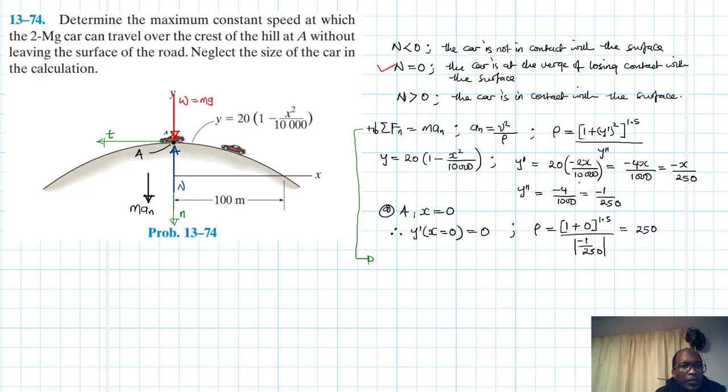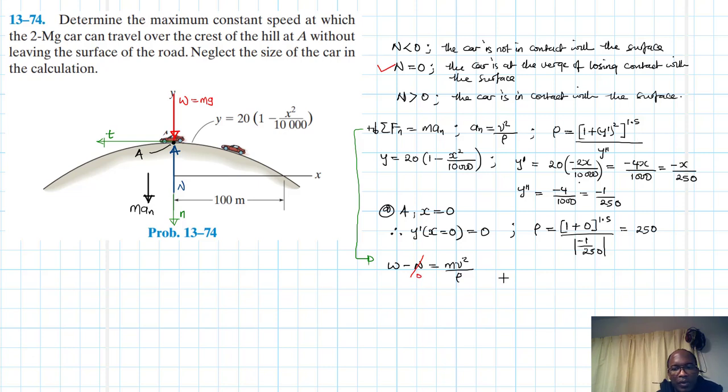We have W minus N equal to m v squared divided by rho. But we know that N itself is equal to 0. That's what we said, so this is going to be equal to 0.